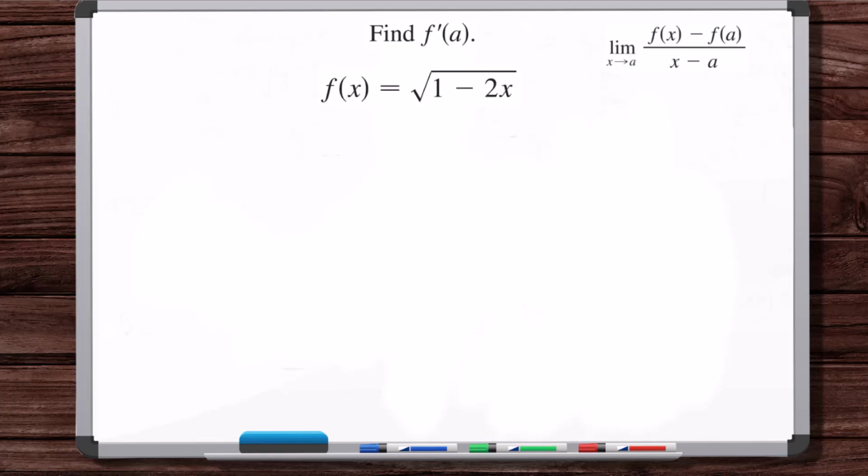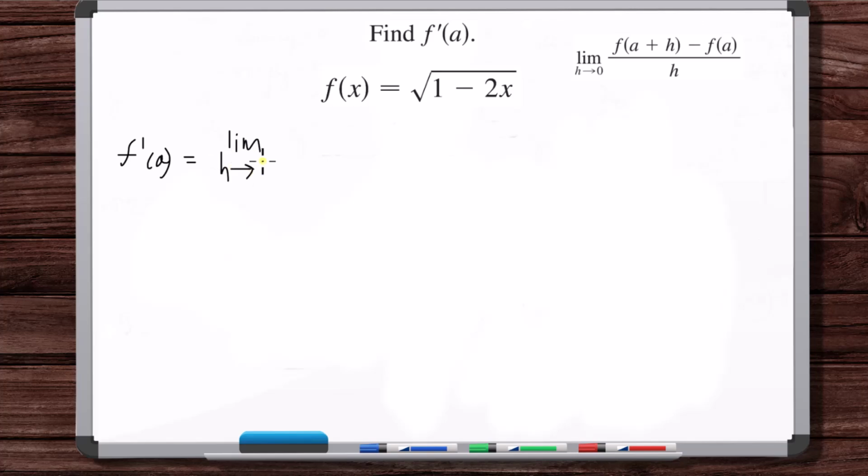Okay, here let's go ahead and use this form. Why not? So f prime of a is equal to the limit as h approaches 0 of f of a plus h, substituting a plus h for x: 1 minus 2 times a plus h is 1 minus 2a minus 2h.